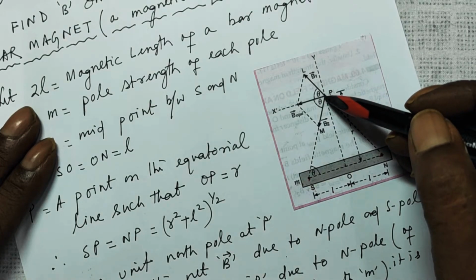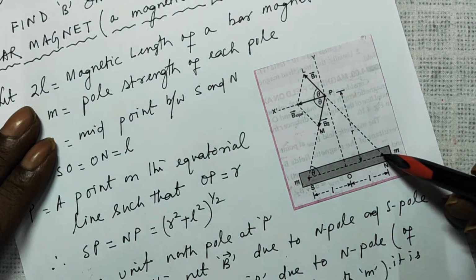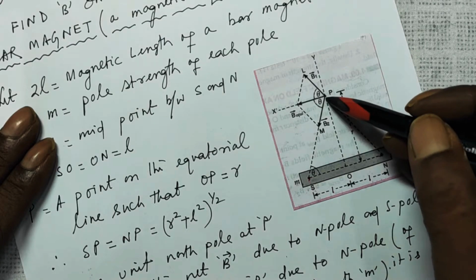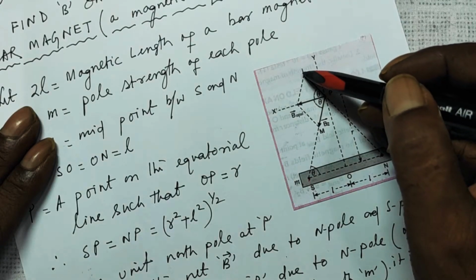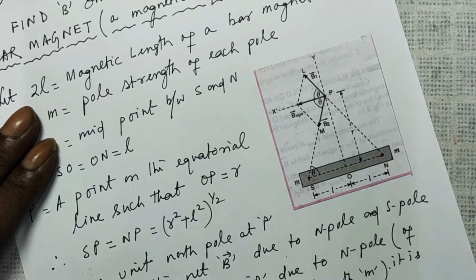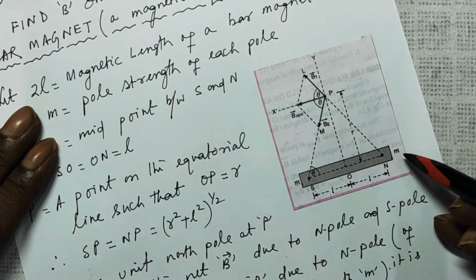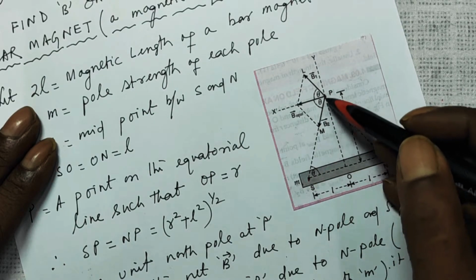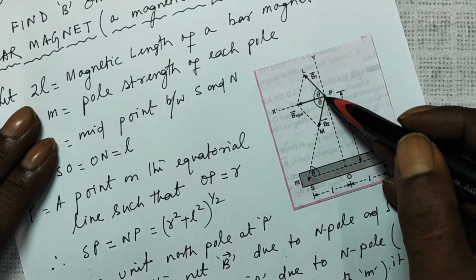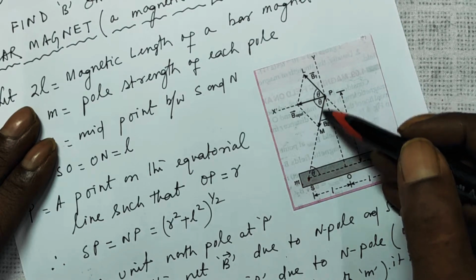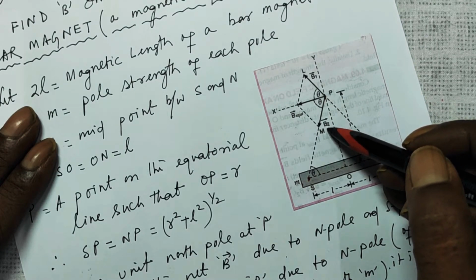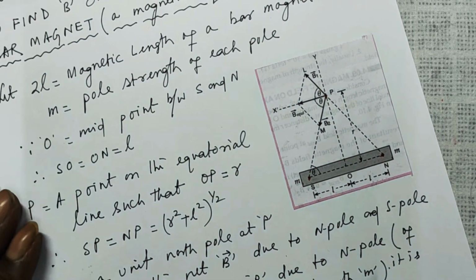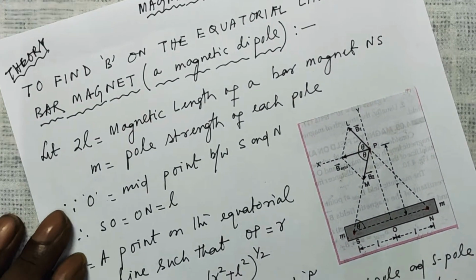The force of repulsion, north pole and north pole, will be called the magnetic field due to this north pole having pole strength m. This unit north pole will be attracted by this south pole to this side. Since it is a unit north pole, instead of saying force, we say the magnetic field. So let us now discuss.